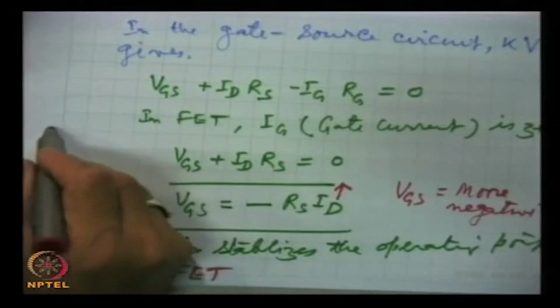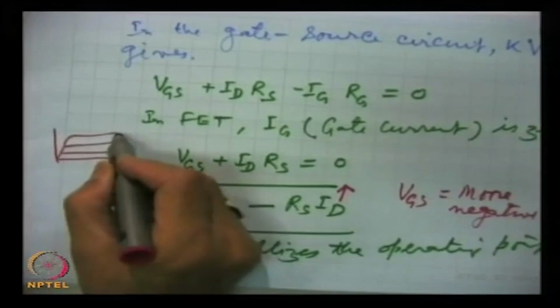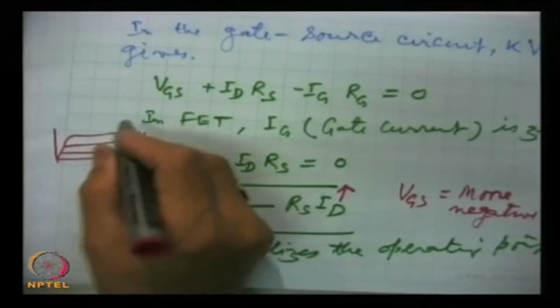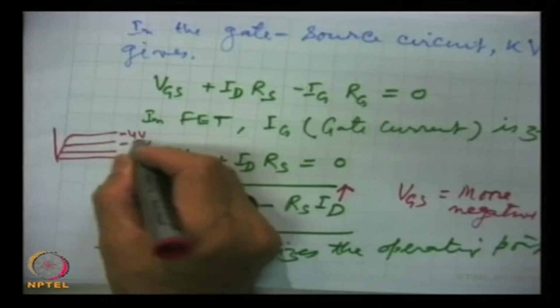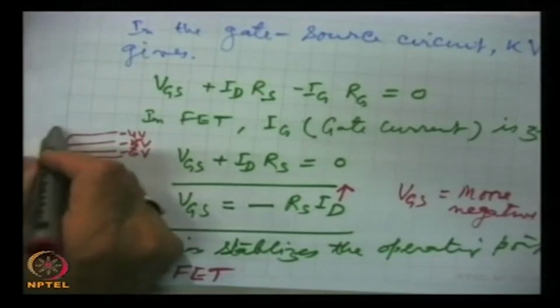The characteristics were like this: minus 3 volts, minus 4, minus 5, minus 6, and ID.